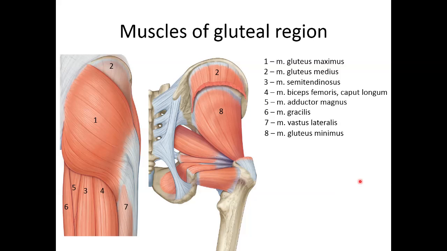It's musculus gluteus minimus. It's very interesting to compare musculus gluteus maximus, number 1, the direction of fibers, and musculi gluteus medius and minimus. Medius and minimus are practically identical according to direction of the fibers. So they are parallel to each other, and only one difference. Gluteus medius is located more superficially, and gluteus minimus, number 8, more deeply.